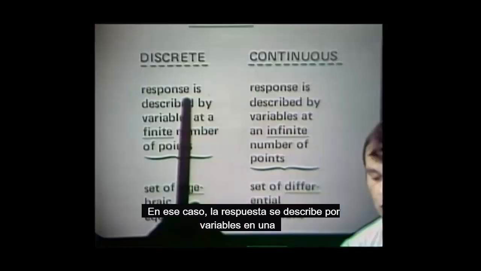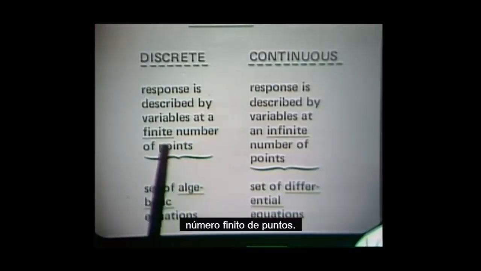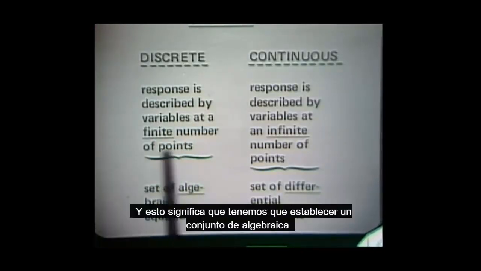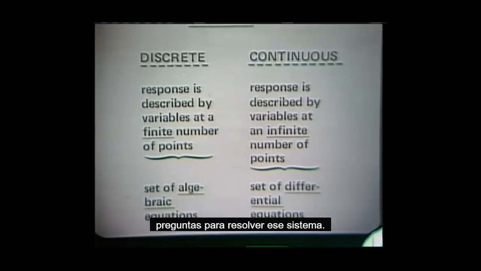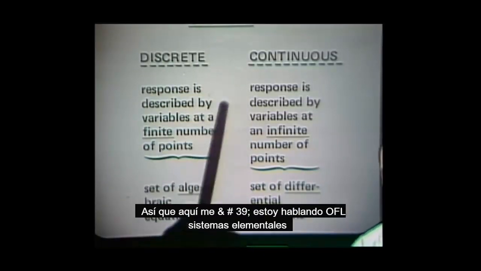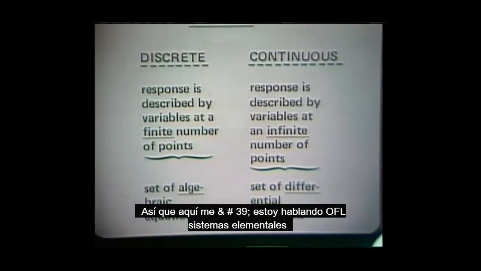In that case, the response is described by variables at a finite number of points. And this means that we have to set up a set of algebraic equations to solve that system. So here I'm talking about elementary systems of springs, dashpots, discrete beam elements, and so on.